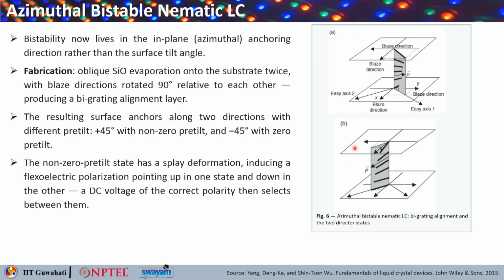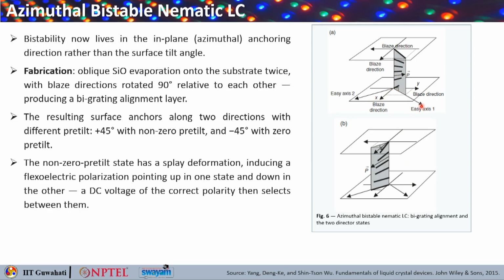Here you can see the schematic of a top-down view that shows the two blaze or groove directions and the two resulting stable director states, each labeled with its easy axis and induced polarization.